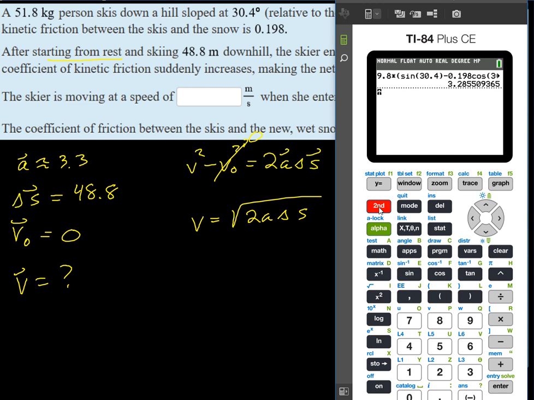Square root of 2 times our acceleration, times 48.8, 17.9-ish, right? So v is about 17.9, we got 3 sig figs, I think. So about 17.9 meters per second for part 1. Okay, we got it in the calculator.